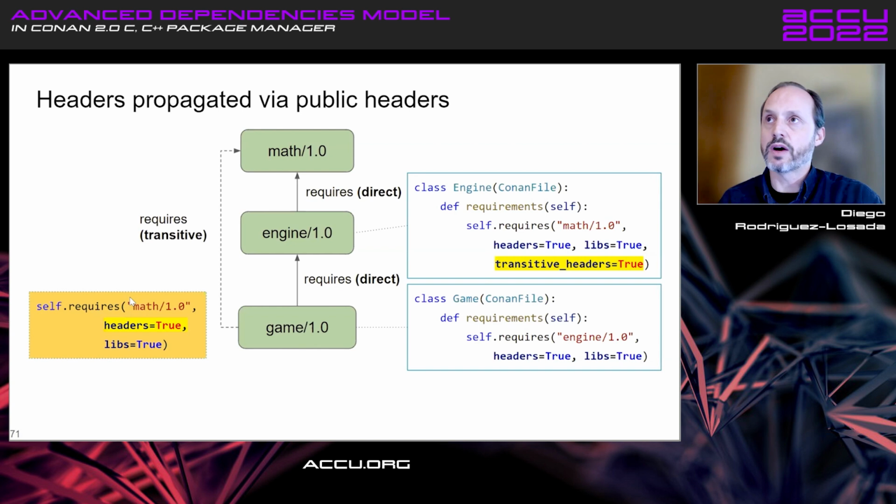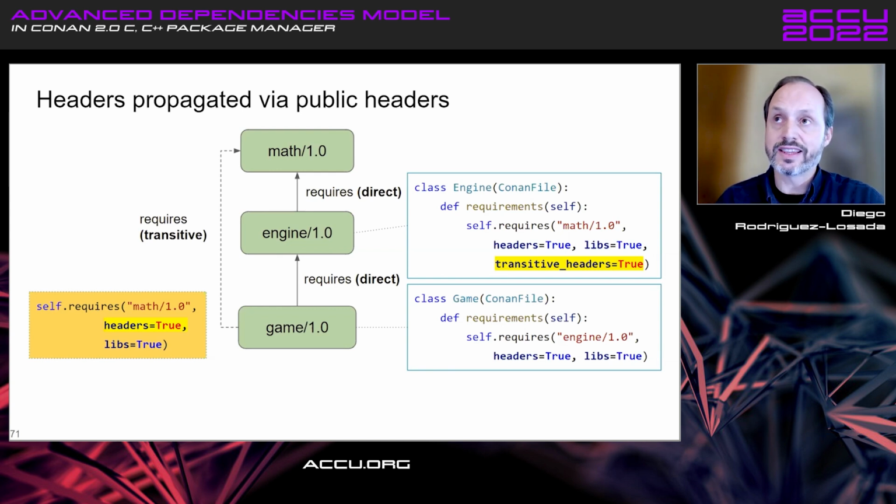Okay, yeah, don't worry. Now we have this traits framework to define how requirements work. So we introduce an explicit transitive headers trait. And we now have a mechanism to tell engine: if the engine package creator knows that he's using the math headers in the public API, and those math headers are visible and will be necessary in the include paths in game, it can define, I, engine, require math, I require the headers, I require the libraries myself, but also my consumers are going to require the headers because they are visible over my APIs.